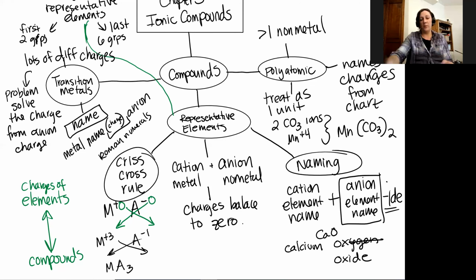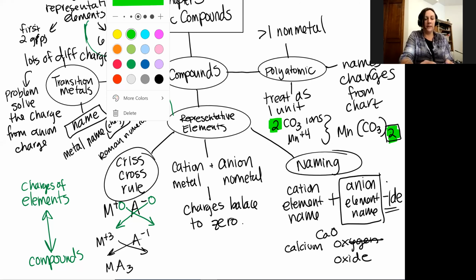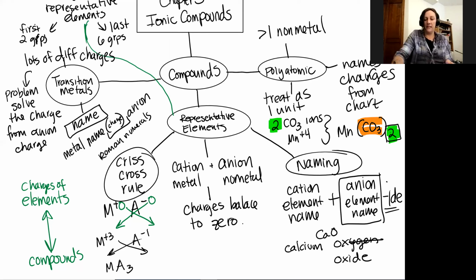So this tells me the number of carbonate units that I need to balance out my charge. And I make sure that my carbonate ion is the same chemical formula as it is on its own. So I can't change the subscripts in the actual ion. I have to treat it as one unit.